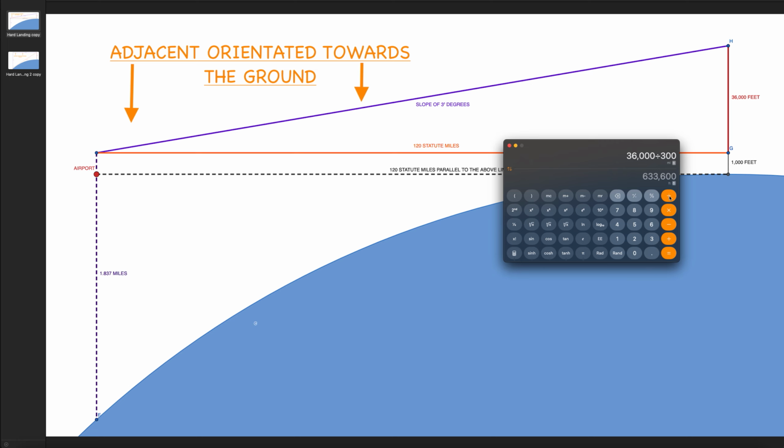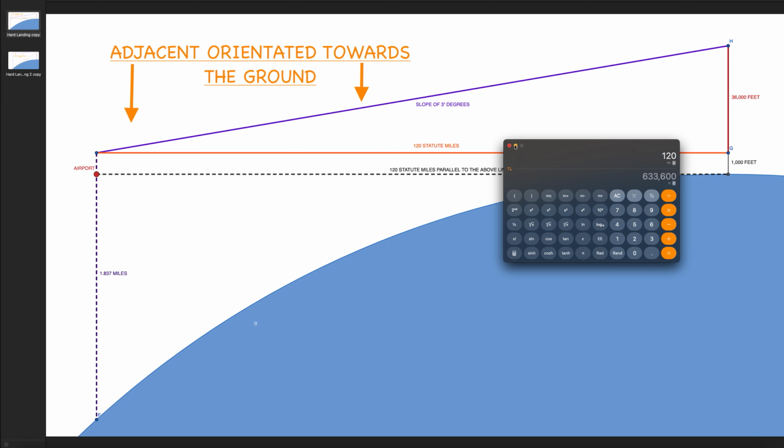This will give you the distance for 36,000 feet at which you must start descending to end up 1,000 feet above the airport, so it equals 120. Now I'm using statute miles. Normally they use nautical. I'm using statute.